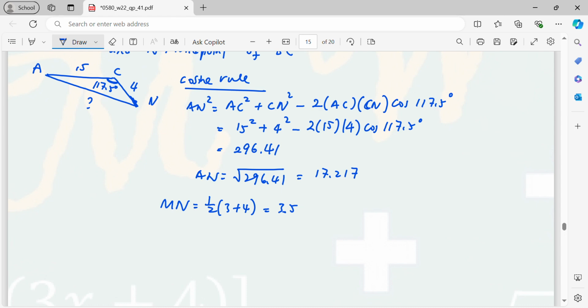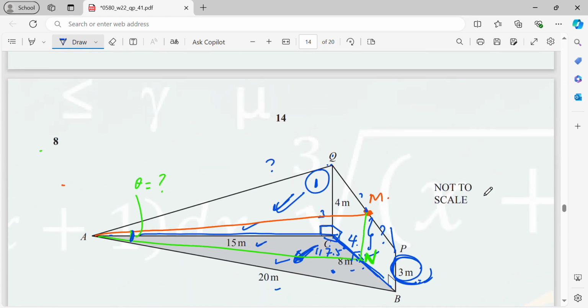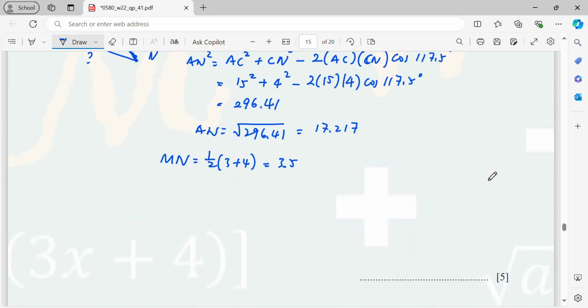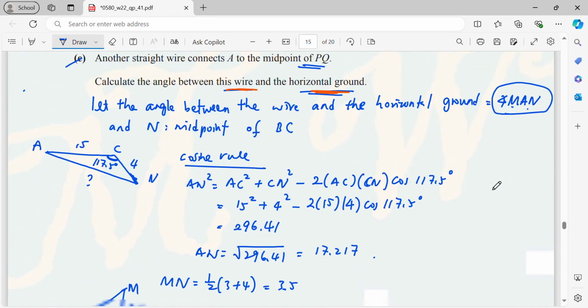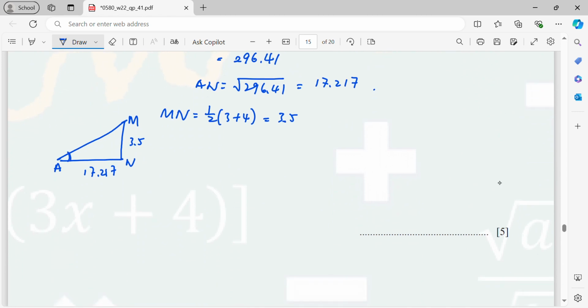Therefore, when you refer back to the diagram, I will redraw AMN. So my MN is 3.5. AN is already found, 17.217. That is the length of AN. And then my angle is basically MAN, right? So MAN is here. This is the angle. So obviously you are given the opposite side and the adjacent side.